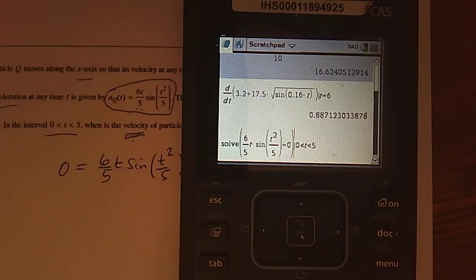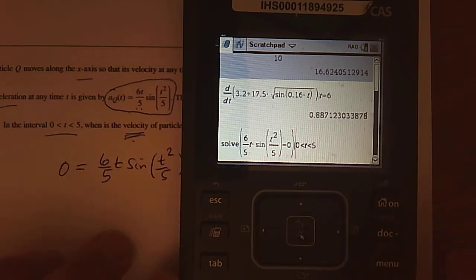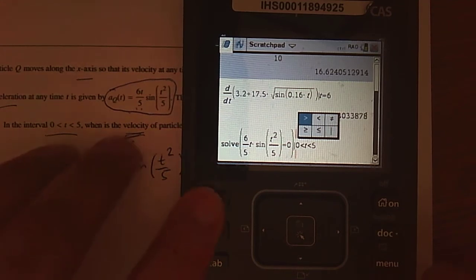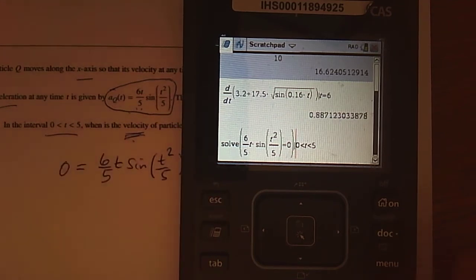What happened? Well, maybe it wants some fancy parentheses. So I only want the answer from 0 to 5, or maybe inside. No. It says too few arguments.